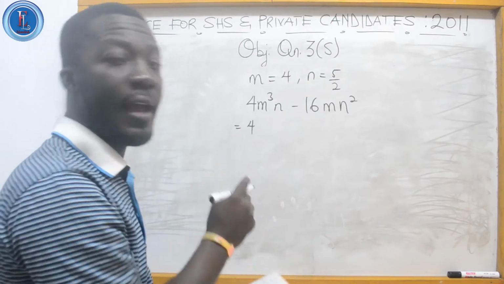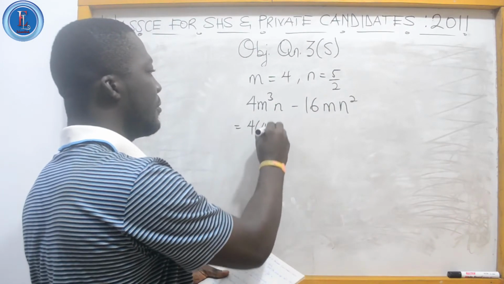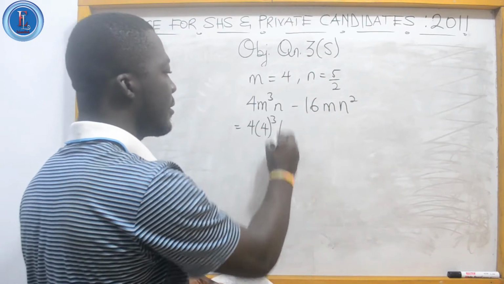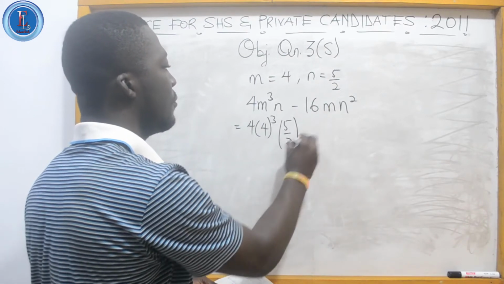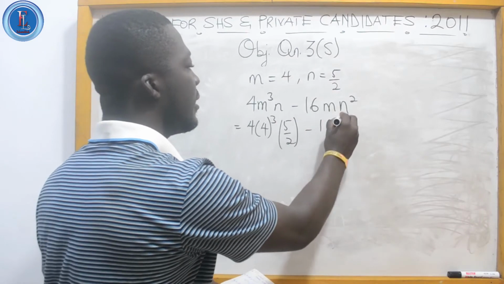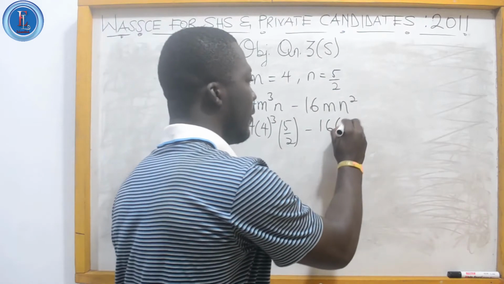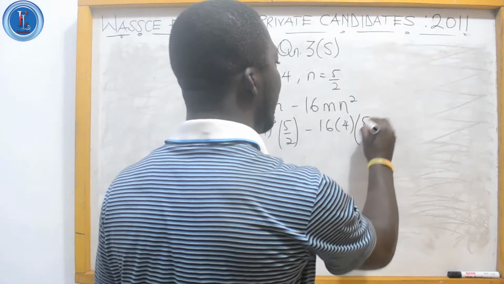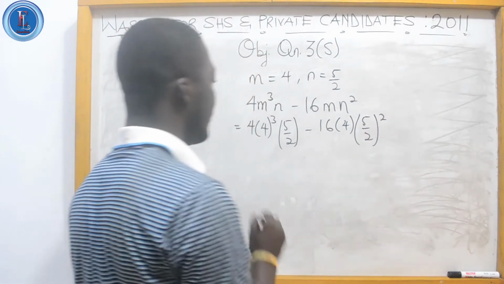The value of m is 4, so we will do a substitution here, then cube, and the value of n is 5 out of 2 minus 16, again m is 4 and n is 5 out of 2, and we square it here.